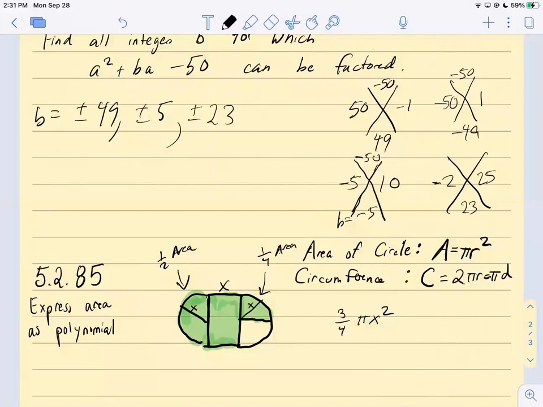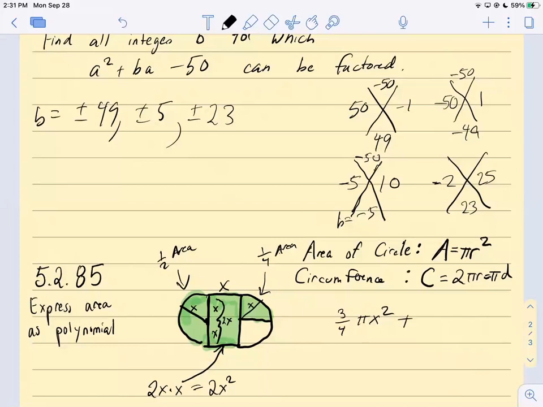Nice. It's just 2x. Do you guys see that? If this is the radius x, and this is x, then this piece is just going to be x plus x, which is 2x. So the area of this piece is going to be 2x times x, which is 2x squared.